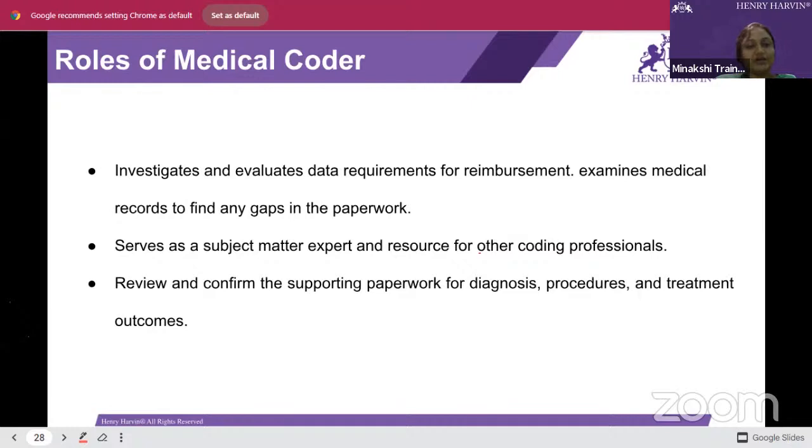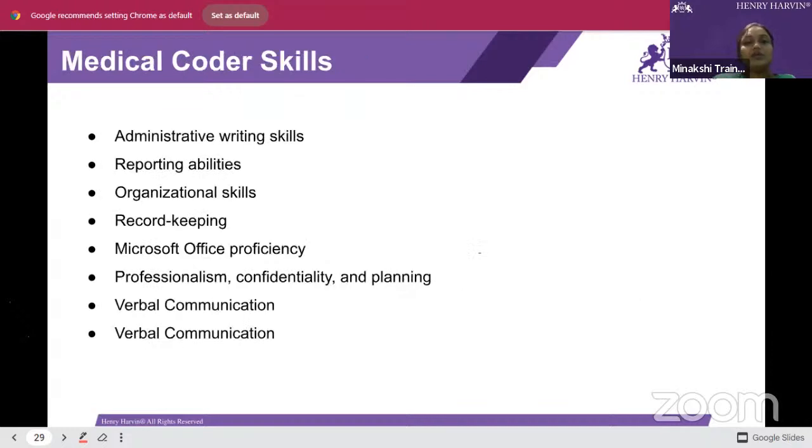A coder has to check everything. You cannot be a subject matter expert from day one, but after working for 6 months, 1 year, 2 years, you should become a subject matter expert, because every company needs an expert. And you should be a very good resource for other coding professionals. These are the things you should have.